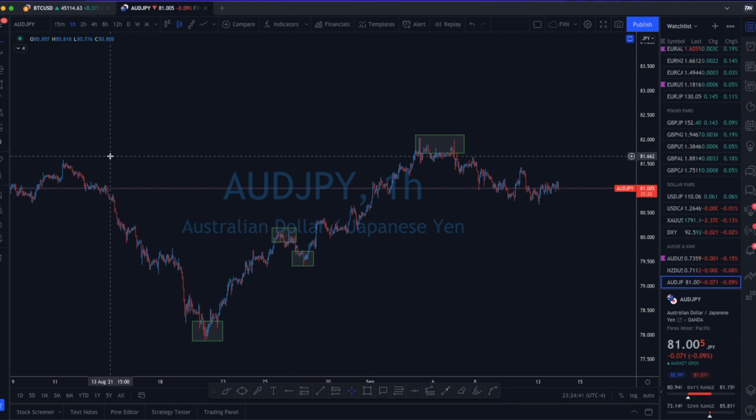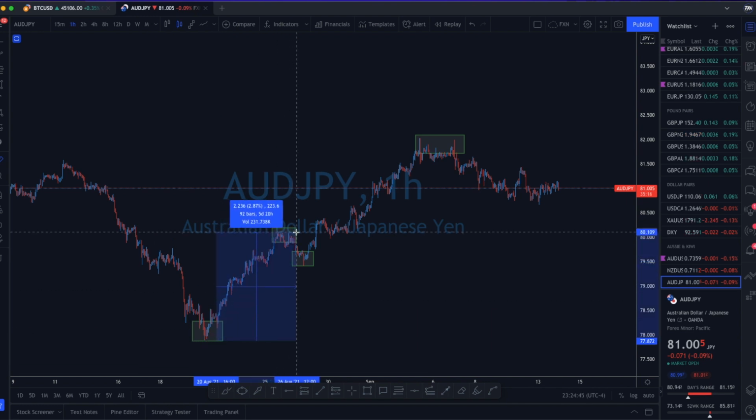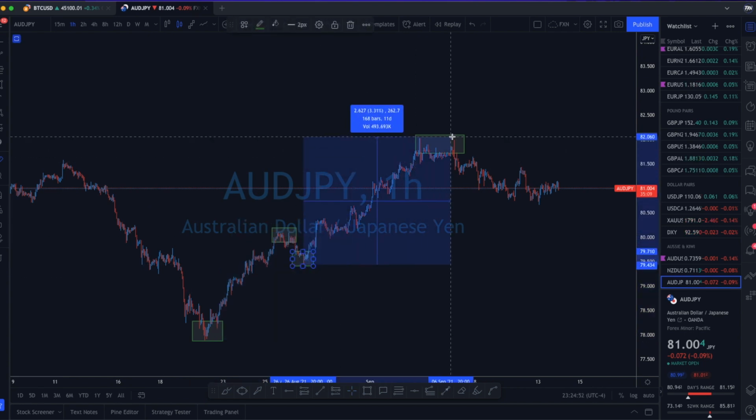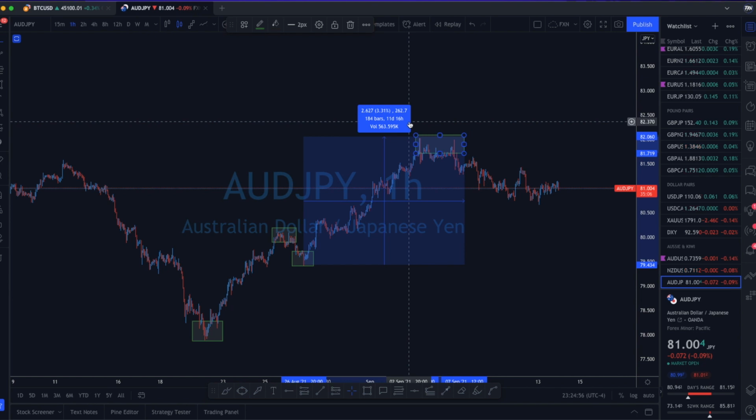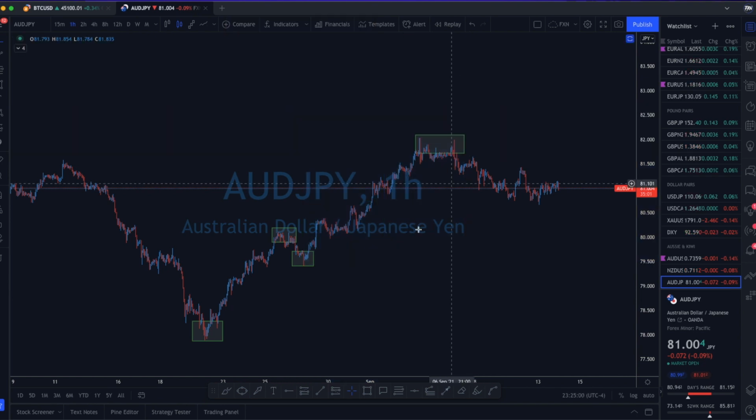To check that real quick, from here to here is 223, so that's 3 times ADR. And then from here to here it'd be 262, so about 3.5 times ADR on this one. So there's your 2 cycles right there, right?